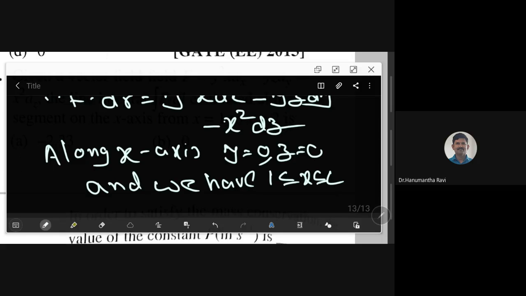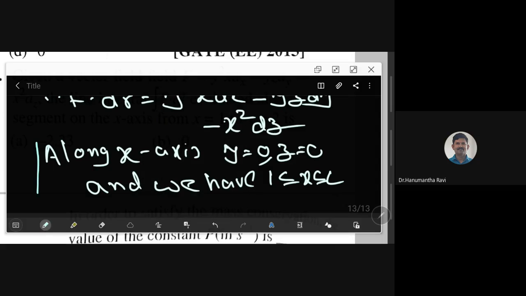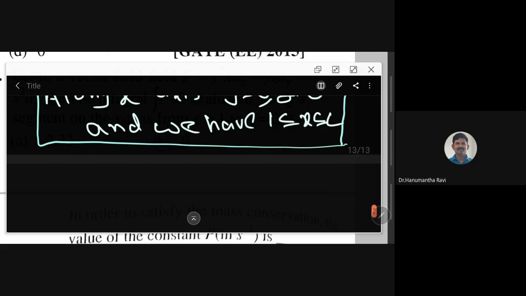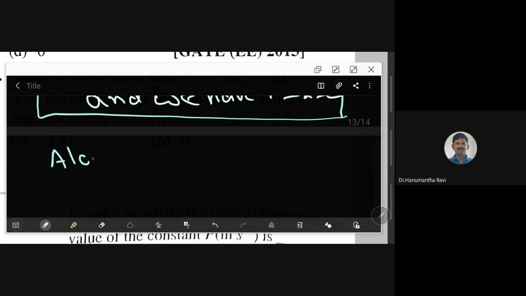This is the curve along which the line integral needs to be evaluated. Along this curve, dy and dz are 0.